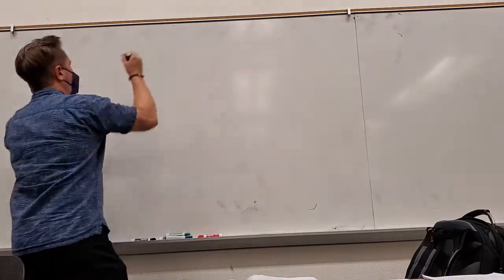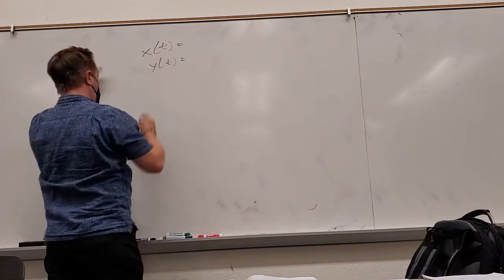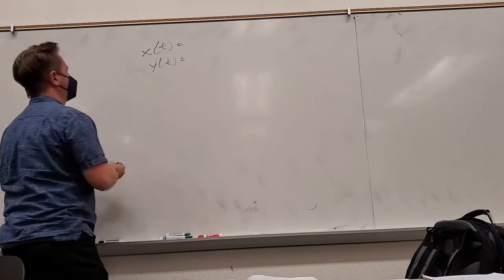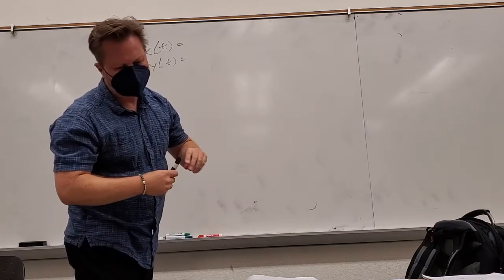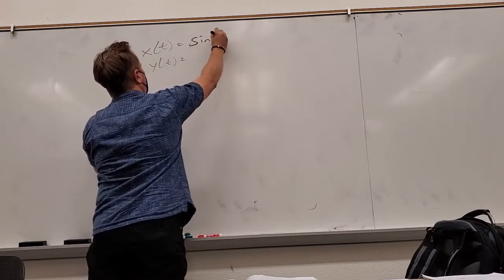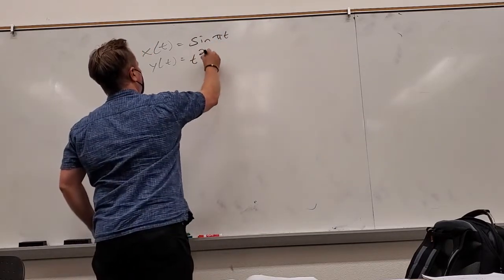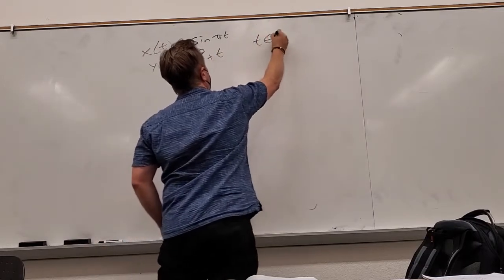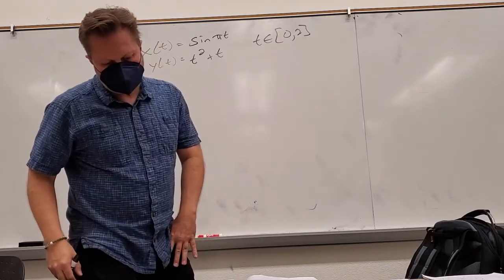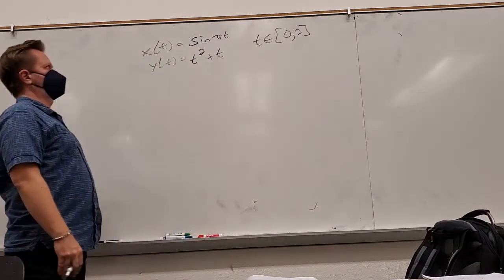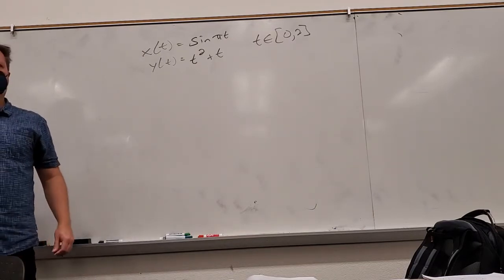So parametric, you would have something like x of t, y of t. Let me steal one from the book. If you had to plot this by hand, what would you do?